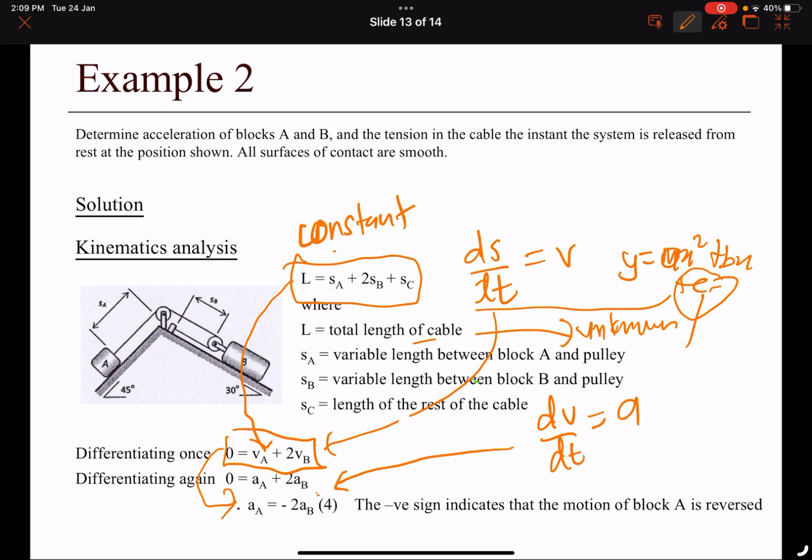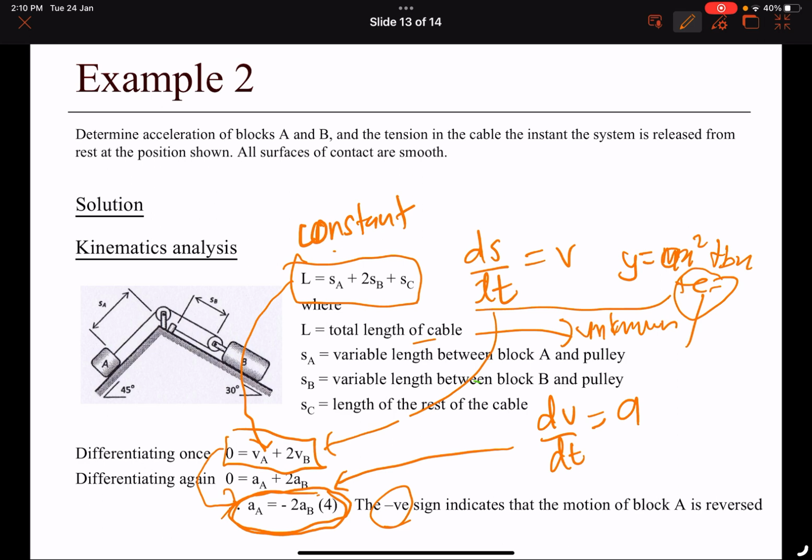So once you rearrange, then you will get another equation, which is equation number 4. And the negative sign indicates that the motion of block A is reverse. This one you need to understand, and you also have to imagine why this negative value appears.